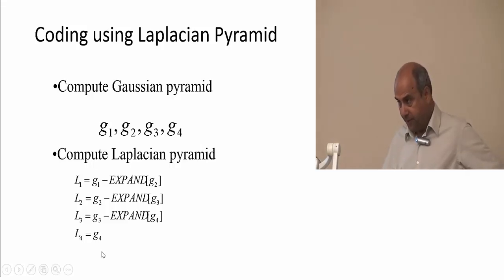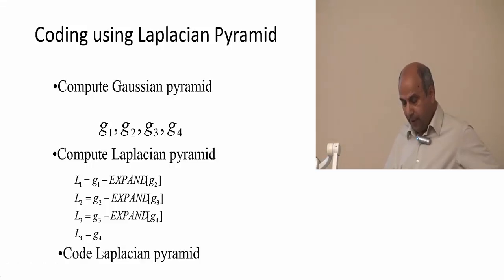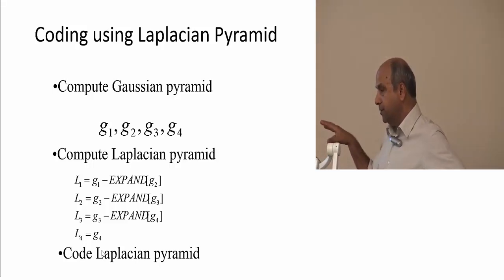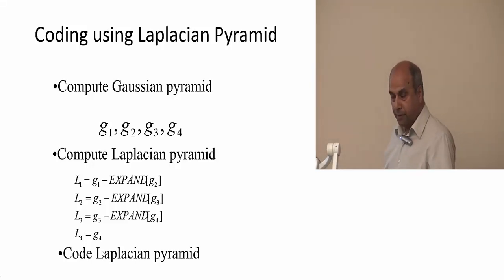Then we will code the Laplacian pyramid using lossless coding, and the Laplacian pyramid will have fewer non-zero pixels. Most of the pixels will be zero, and it will require fewer bits, and that's where the compression will come. But then we will be able to recover the original image G1 from the Laplacian pyramid. That's the idea. Okay, so it's very nice.